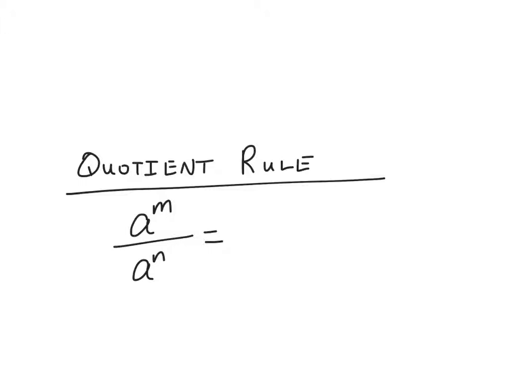Now class, let's not make rocket science out of this. Things make sense if we just think. When we multiplied, what do we do with the exponents? So when we divide, what are we going to do with the exponents? We're going to subtract. So a to the m over a to the n would be a to the m minus n.